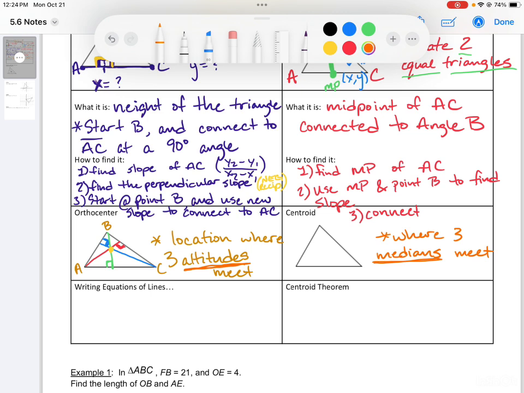And so if you don't know what the median is, you would just look up above and you're like, oh, it's where the midpoint of a line intersects the opposite angle.